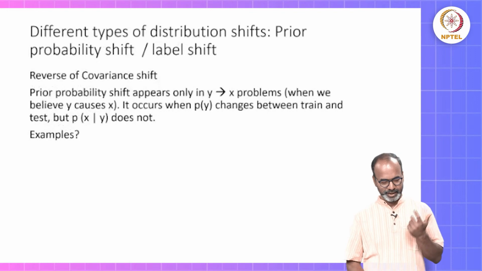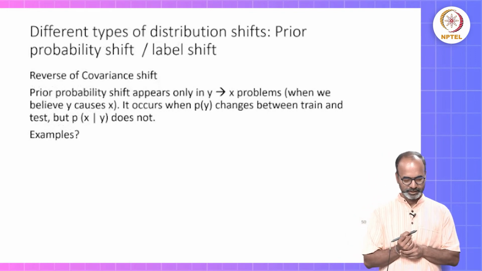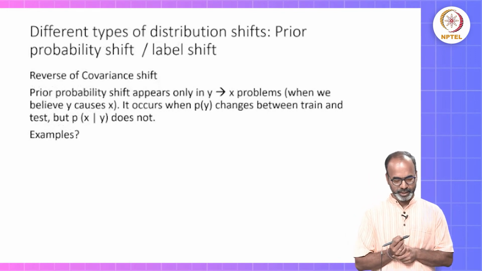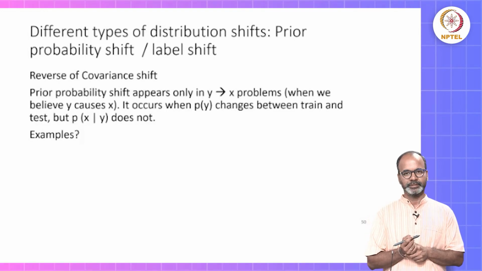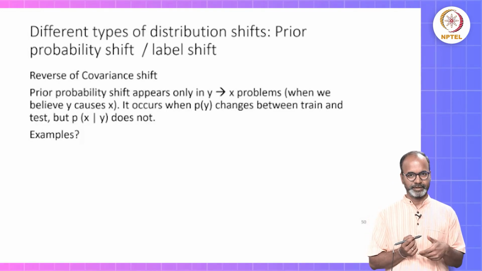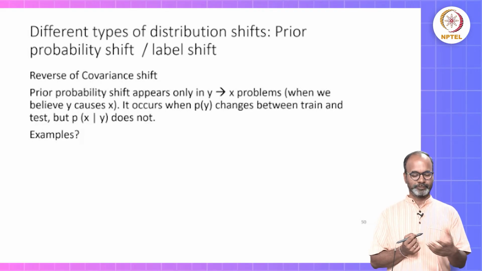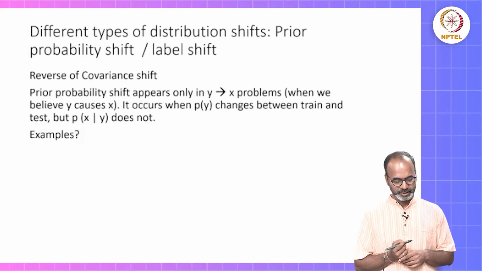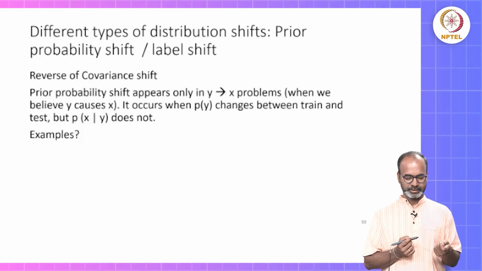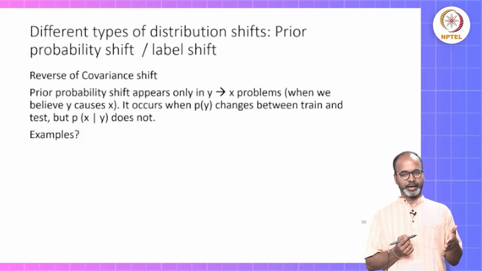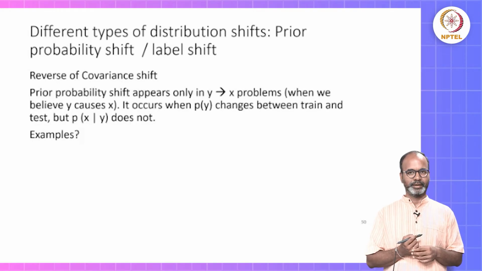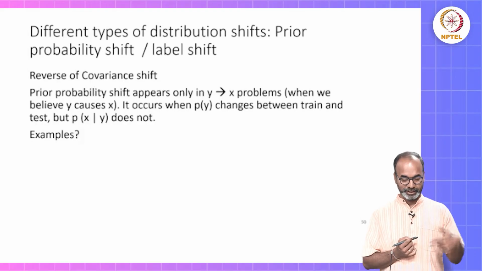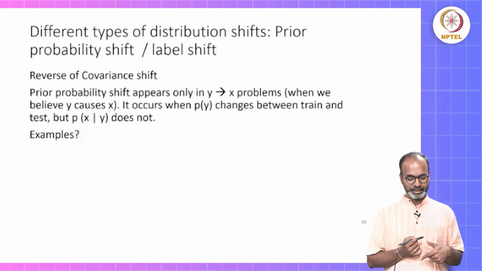Here is the one that I shared is different from the covariate shift. Different types of distribution shift: prior probability shift, label shift, all that. Reverse of covariate shift, which is prior probability shift, appears only in Y leading to X problems when we believe that Y causes X. It occurs when P of Y changes between the train and the test, but P of X given Y does not change.